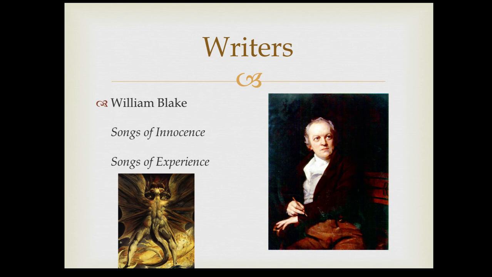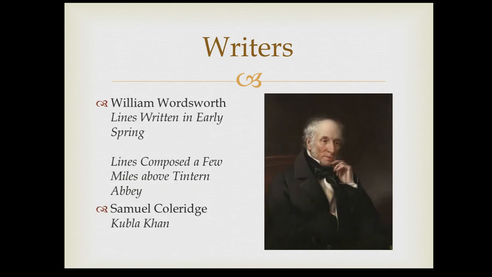If you haven't seen Red Dragon, go see it. We also have Mr. William Wordsworth and Samuel Coleridge, both Brits as well. Wordsworth is famous for the poems listed there in the PowerPoint, and Coleridge is most famous for the poem Kubla Khan.